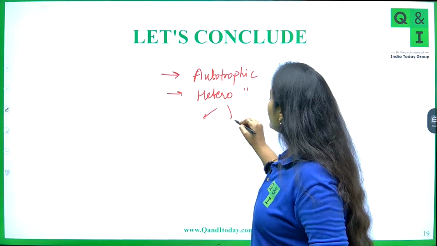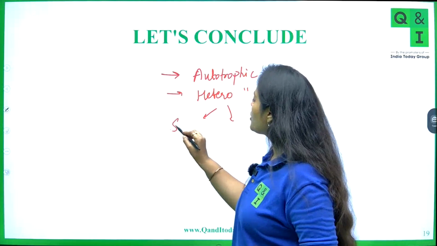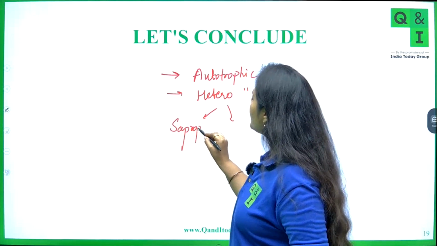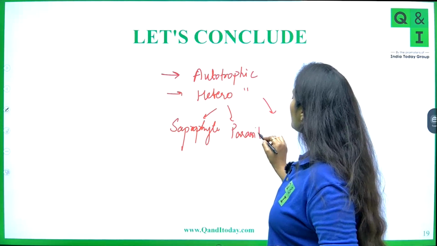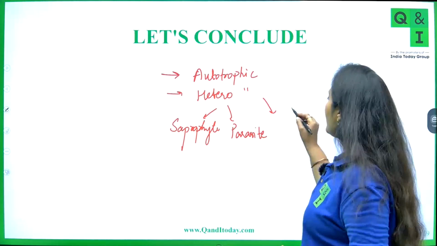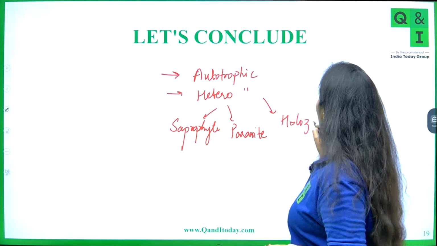Now we had studied three types of heterotrophic mode of nutrition. Saprophyte, example is fungi. Then you have parasite, examples are cuscuta, leeches, ticks, lice, and holozoic, examples are humans.